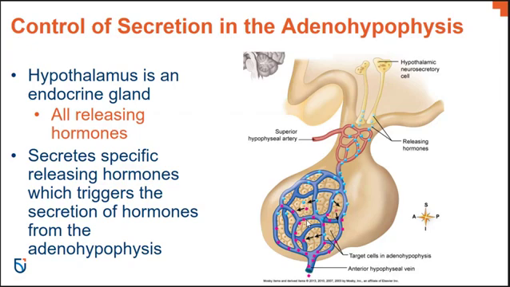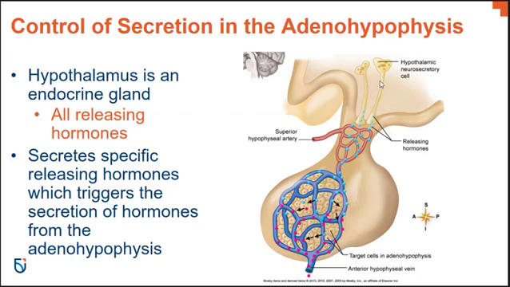This will then cause the cells found within the pituitary gland to then release their hormones, which we just spoke about on the previous slides, which will travel out of the pituitary gland through the anterior hypophyseal vein, referring to the pituitary gland, and into the general circulation.